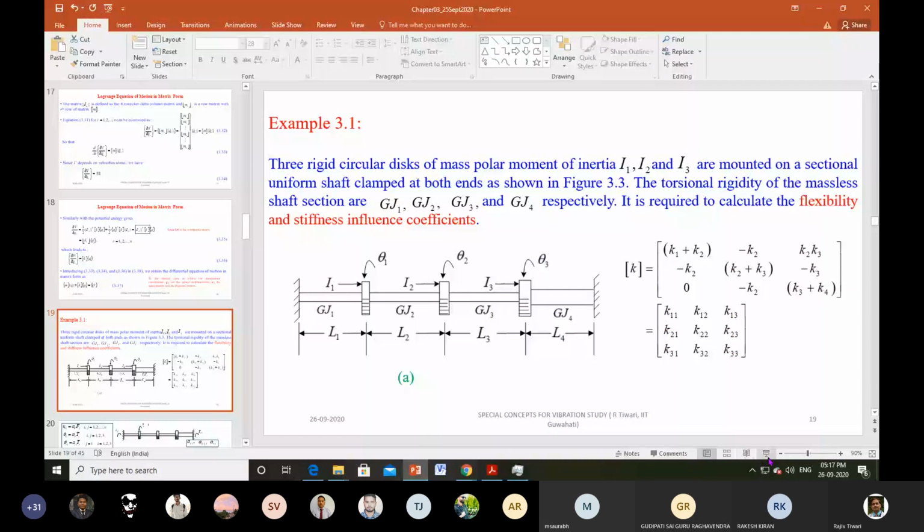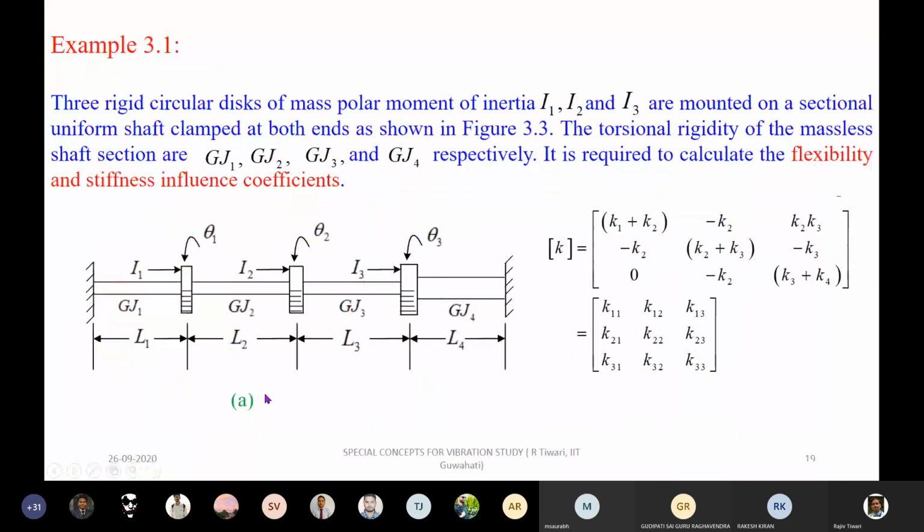In this example, you can see there is a shaft which is fixed at both the ends. The shaft has no inertia, but in between there are 3 discs. The discs have polar moments of inertia I1, I2, I3.